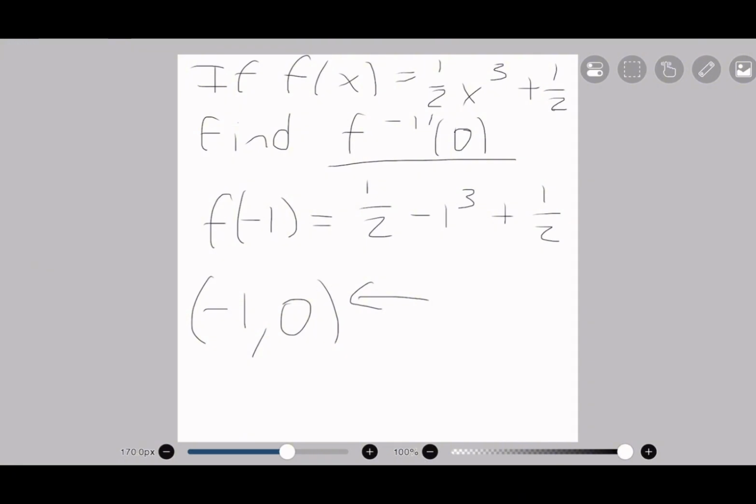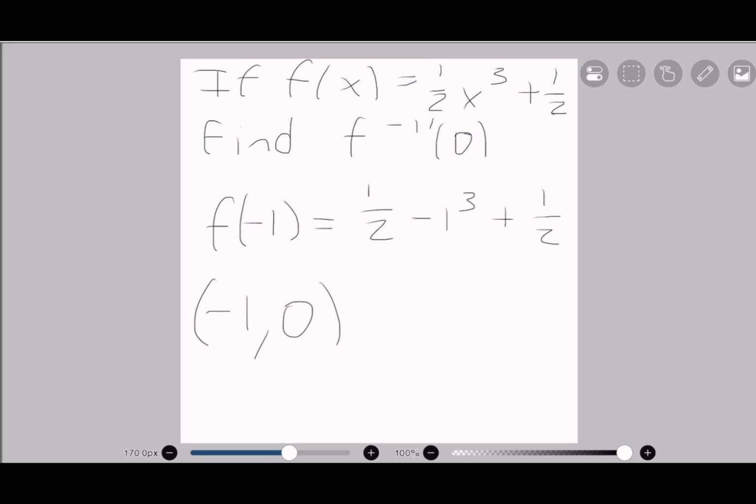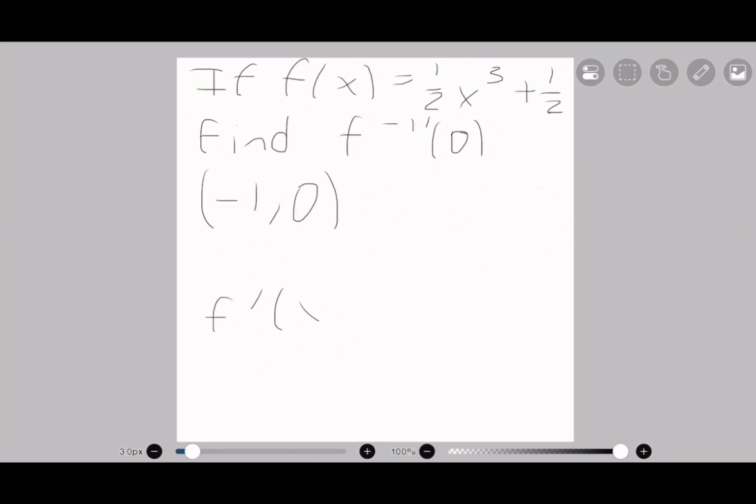So looking at that, we are going to first figure out what the derivative of f of x is. That's the first step. Find the derivative of f of x. We have 3 over 2 x squared, and then the 1/2 is a constant, so that'll cancel out.